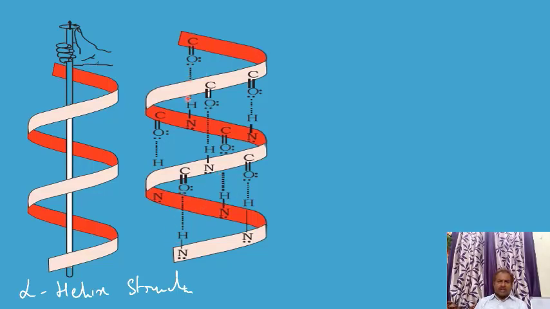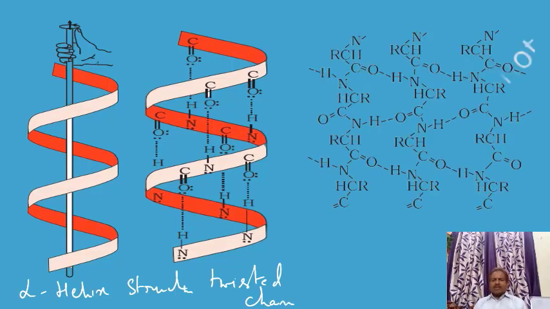Because of these hydrogen bonds, from one amino acid to another amino acid in the next step, this alpha helix looks like a twisted chain. On the other hand, the next one is the beta pleated sheet structure.